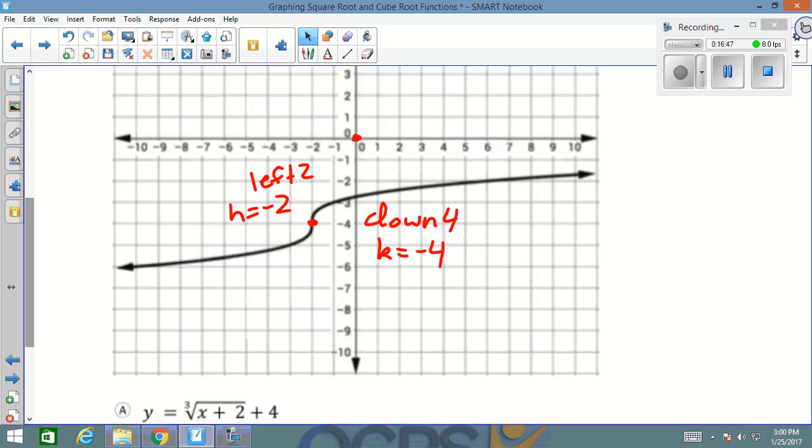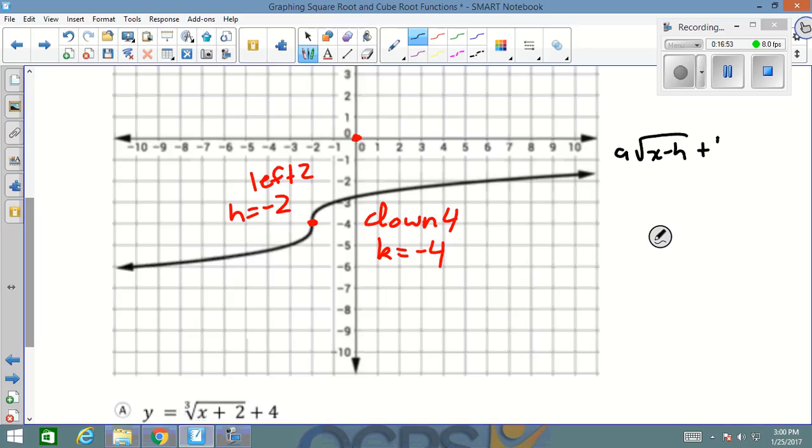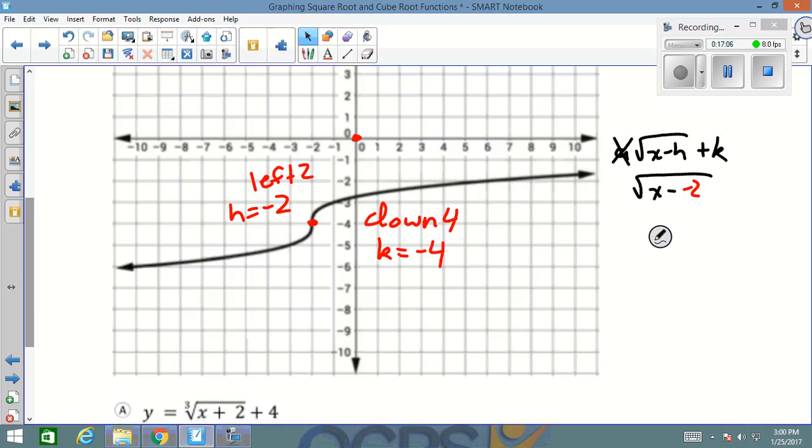So if we go back to our original function, a times the square root of x minus h, plus k, a is 1, it's not going to affect anything, so let's plug in our numbers. So it's x minus negative 2, plus negative 4.